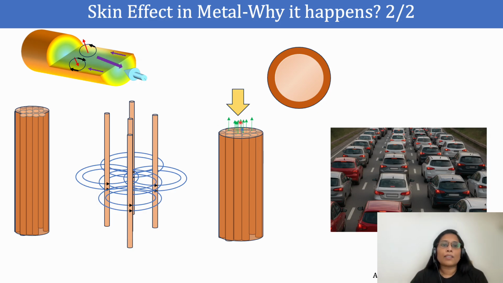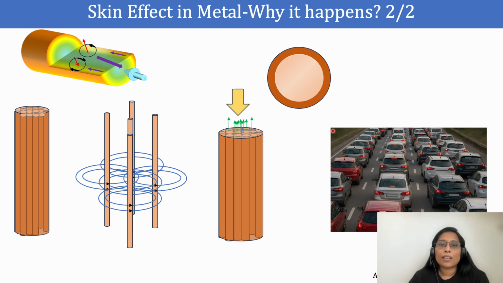That's why we are not getting any current inside the conductor, and we can see the current conduction is reduced onto the skin of the conductor. So here you can see that the opposition produced in the middle will be very high due to this mutual inductions, and the opposition produced at the skin of the conductor will be very less.